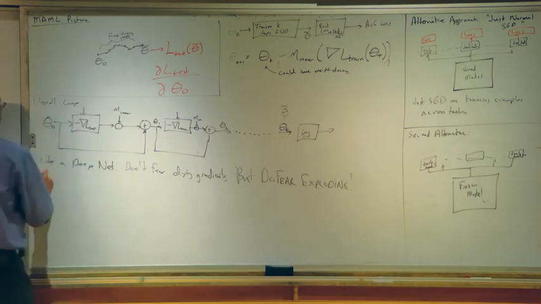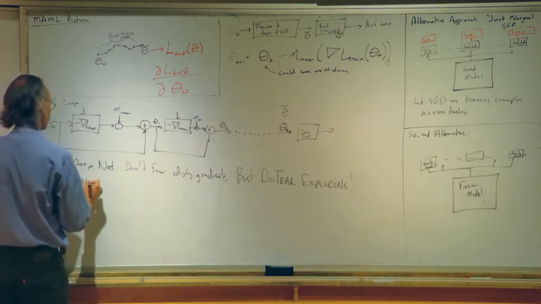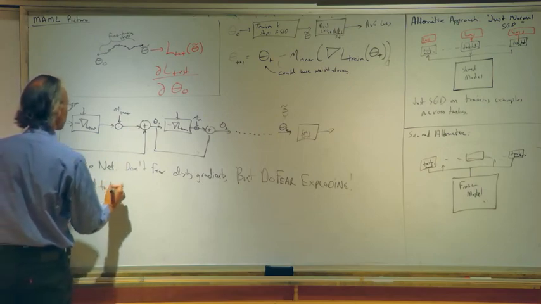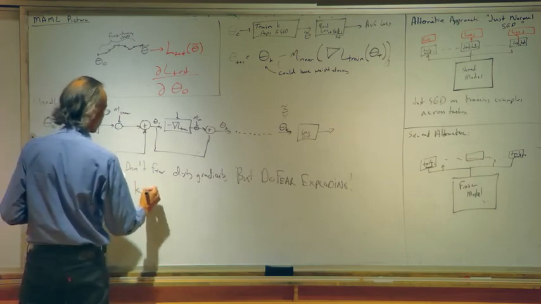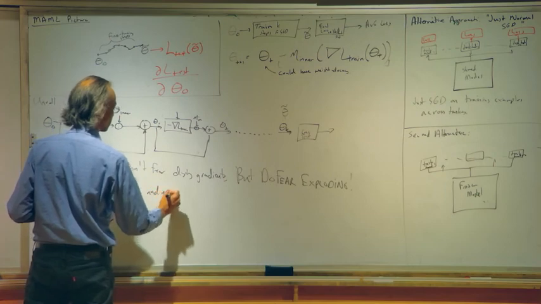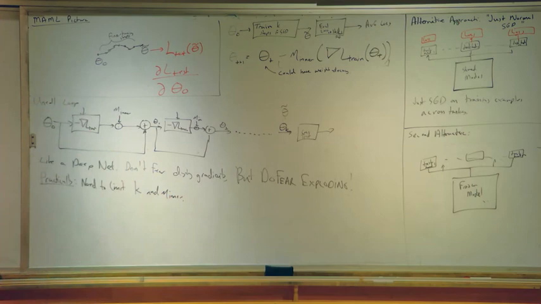So practically, you need to limit k and eta inner. Do you all see that? Like, you have to do this.